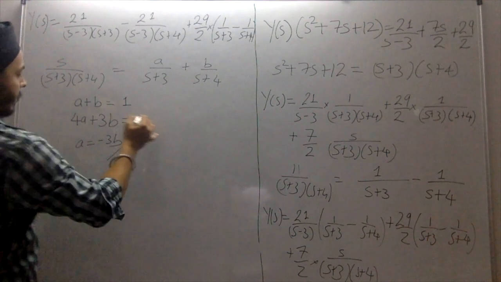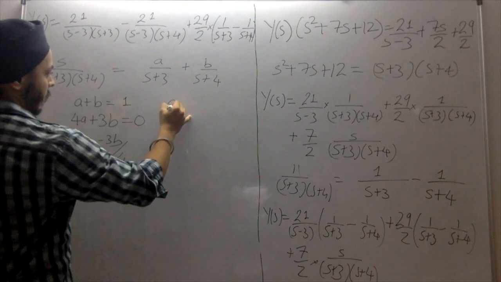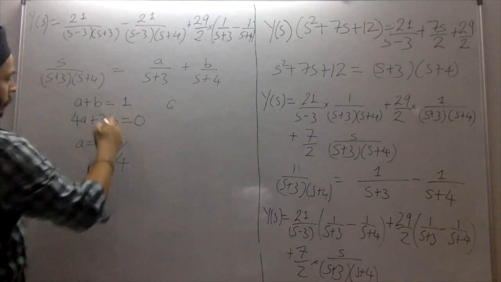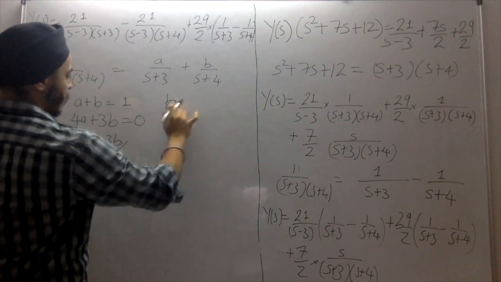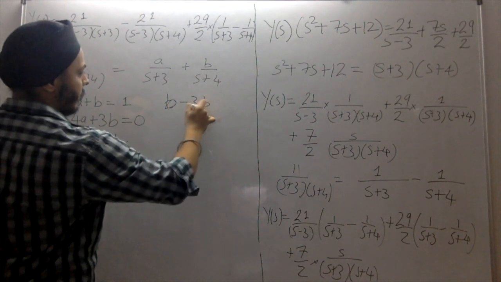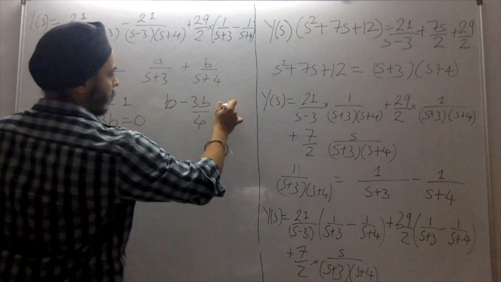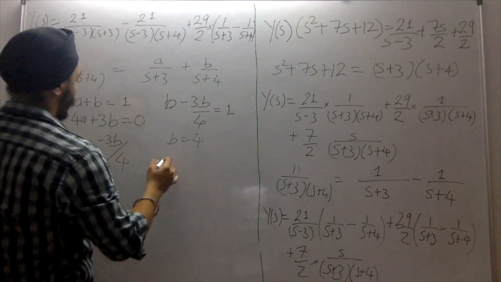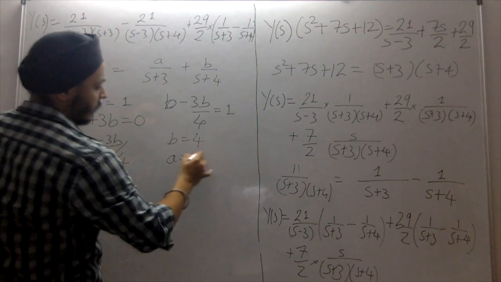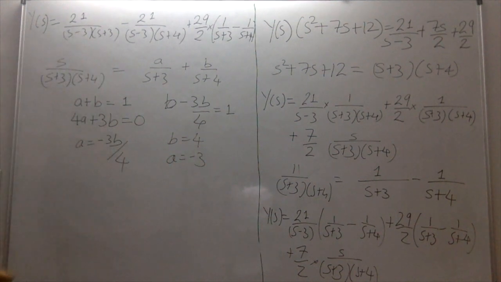So let us put it back here in a plus b equals 1. So b minus 3b by 4 equals 1. So our b is 4 and a is minus 3.